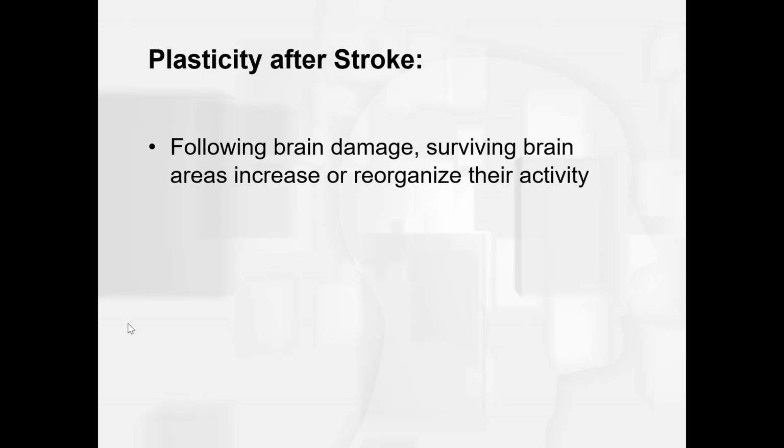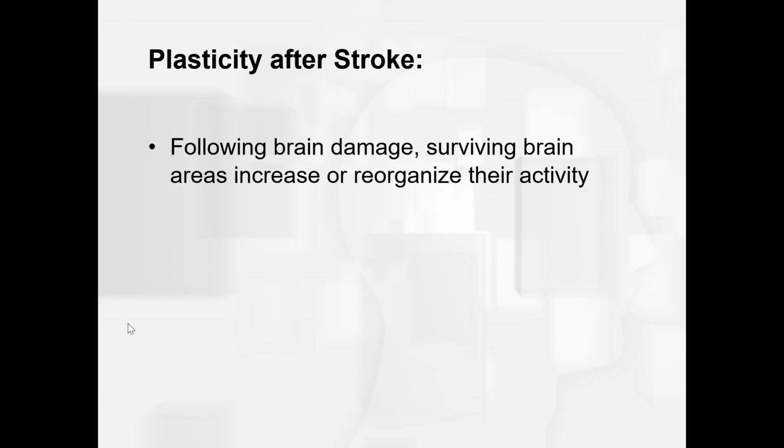So following a brain damage, whether it's from stroke or something else, surviving brain areas will increase or reorganize their activity. Now, think about it. Maybe you've known somebody who has had a stroke, and if we think about the way the brain's organized, say it's their left motor cortex, then that would mean they would lose the ability to move maybe their right arm. But over time, perhaps that ability recovers.